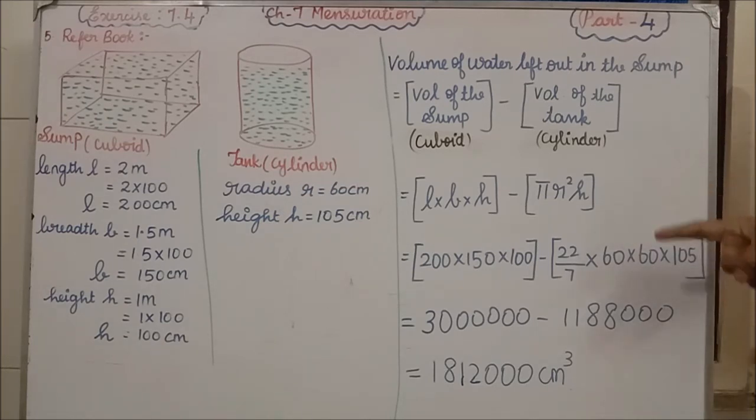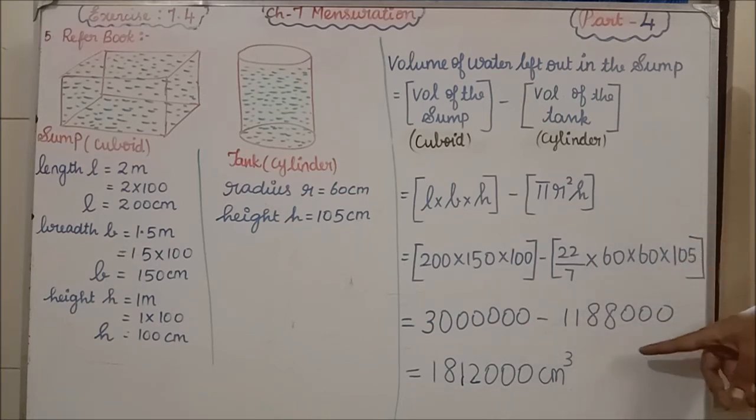Formula, pi is 22 by 7, radius is 60, r square means 60 into 60, into height 105. Clear? So after cancelling, I have got this as the answer. Then we have to subtract, isn't it? After subtracting, this is the volume of the water which is left out in the sump. Clear, students, all of you, the fifth question?